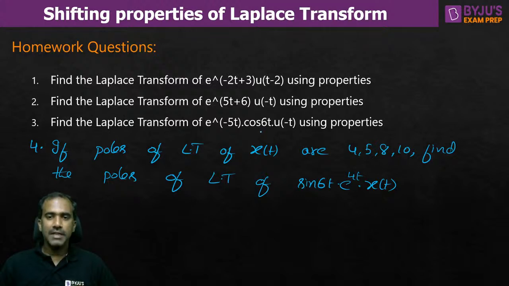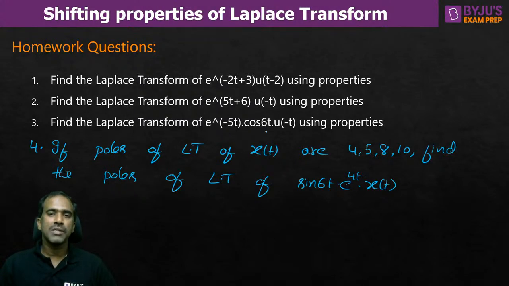If there is any confusion in any part, just go through that part of the class again. Make sure that you become confident of each and every part. The most important part in bilateral Laplace transform, or the Laplace transform that we learn in signals and systems, is the ROC part. Make sure you understand the ROC part very clearly. In every class I'll be touching upon ROC, because every property requires understanding of ROC.